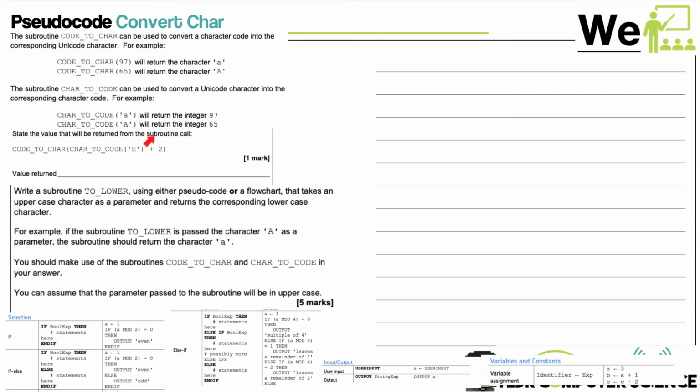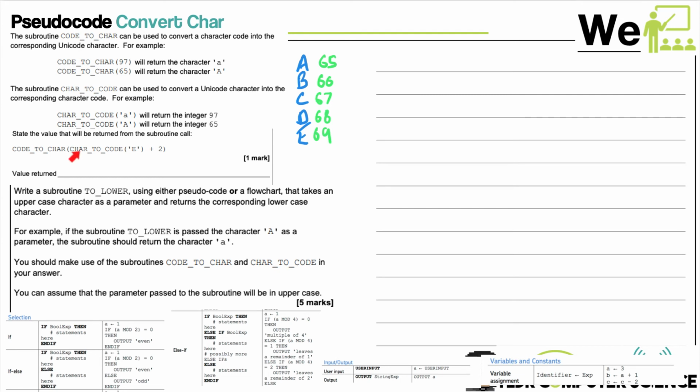State the value that we return from the subroutine call of this. So char to code E. So if A is 65, we can just take our time to write it out. We're in no hurry. So we can say A, B, C, D, and E. We can see here that A is 65. So we'll write 65 down for here. And then we can see B is 66, C is 67, D is 68, and E is 69.